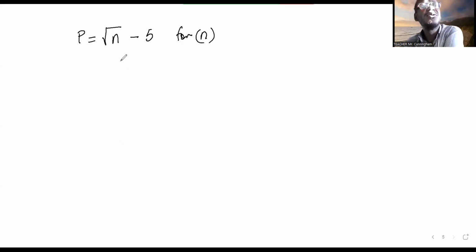So question P was: P is equal to the square root of n minus 5. And we're finding for n.